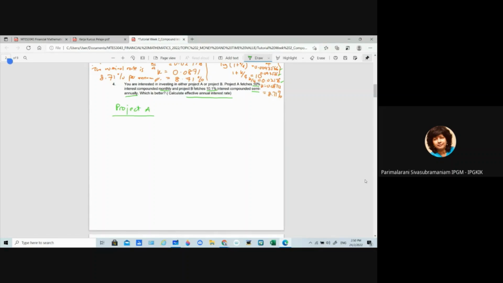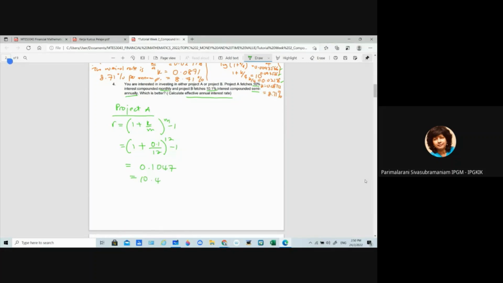For project A, the effective interest rate is calculated using the formula R equals 1 plus k over M, to the power of M, minus 1. Here k is 10%, so 0.1 over M. What's our M for project A? Compounded monthly, therefore M is 12. So it is (1 + 0.1/12)^12 minus 1.